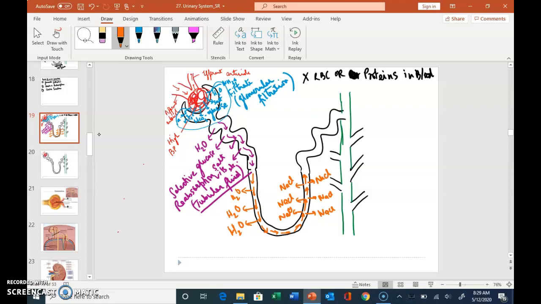When you were losing water in the descending limb, obviously you are concentrating the fluid. Now once concentrated, you are taking the solutes back. So if you are taking out the solutes again, what are you doing? You are further diluting the fluid, right? And this process is also selective reabsorption.